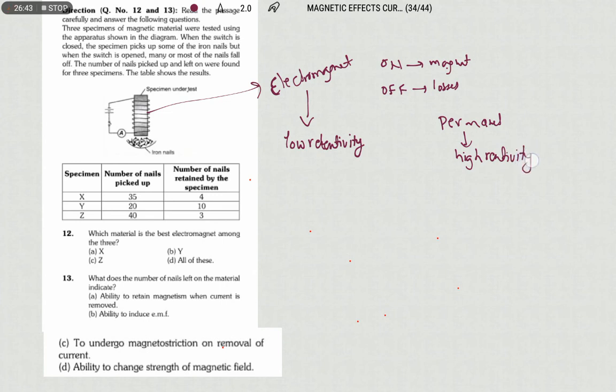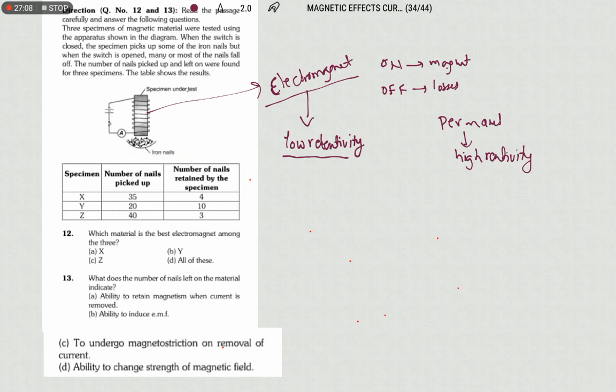So if it is a good electromagnet, after closing the key it has to attract with greater strength, and when the switch is opened, it has to lose its magnetic property quickly, and its residual magnetism will also be very small. This concept is helpful for solving this paragraph question.